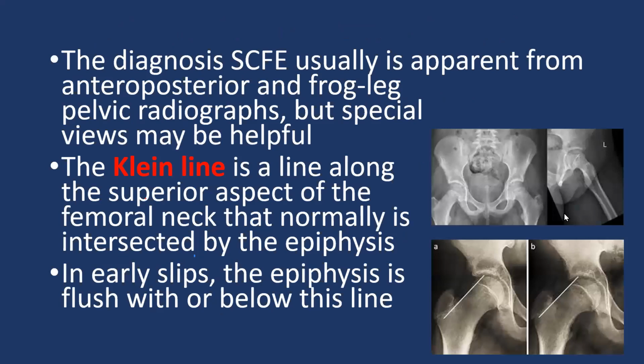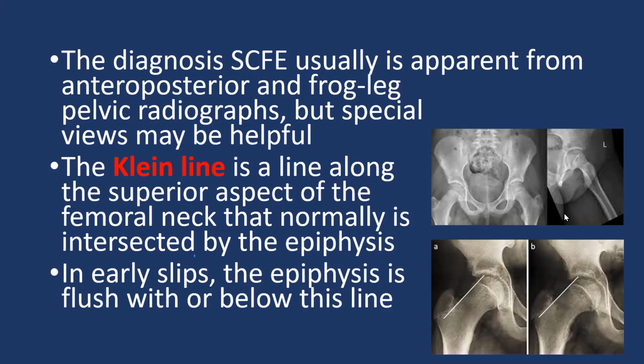The diagnosis of slipped capital femoral epiphysis usually is apparent from the anteroposterior and frog leg pelvic radiographs, but special views may be helpful. The Klein line: don't forget this because we love this slide. We always ask it.